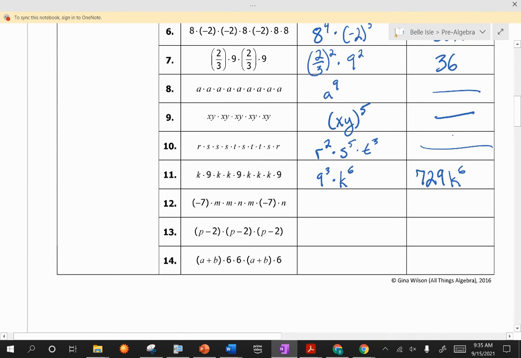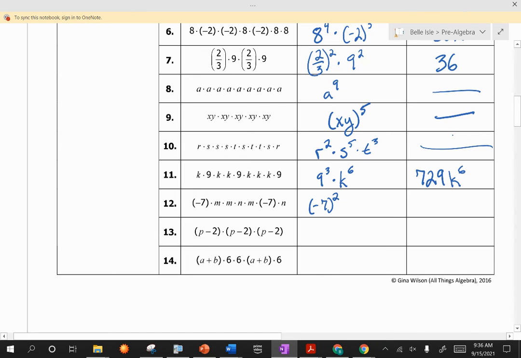So let's look at, actually, you do number 12 on your own real quick. Okay? How many negative 7s do we have?